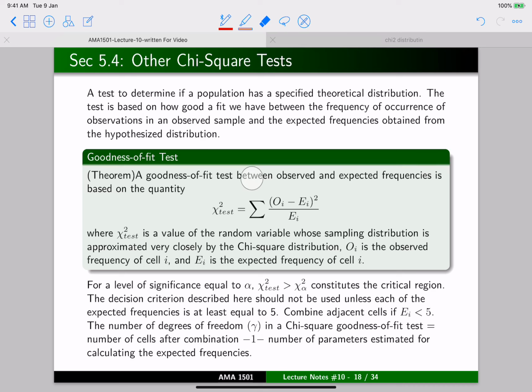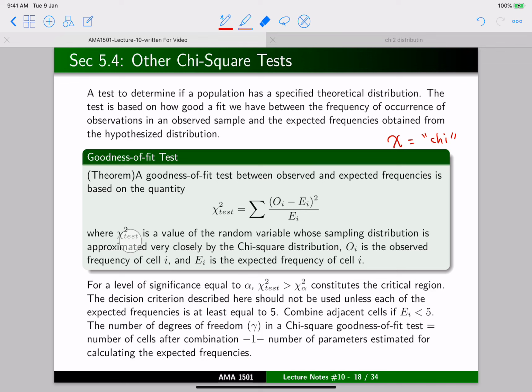A goodness of fit test between observed and expected frequencies is based on this chi-square test statistic. Chi, this is the Greek letter chi. The chi-square test statistic is the sum of the squared differences between the observed values and expected values, divided by the expected values.